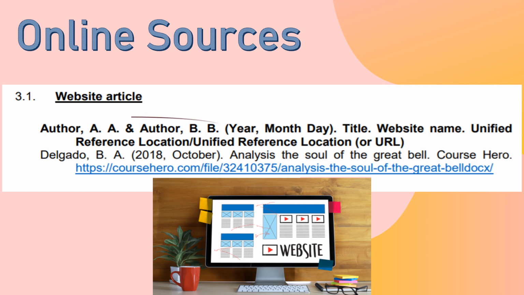Of course, we have to start with the author or authors of that article, and then the year, comma, the month, and then the day, enclosed in parentheses, and then a period, title, period, and then the website name. And lastly, the uniform resource locator or the URL, as in the example written here.